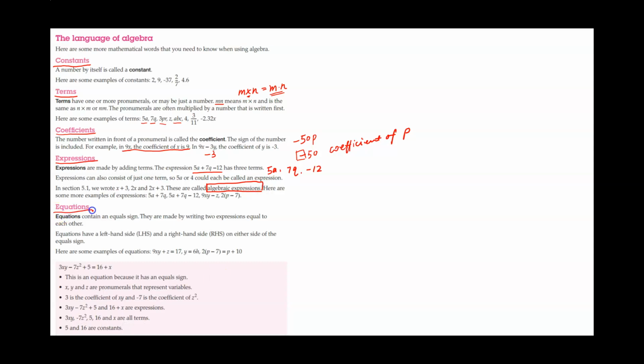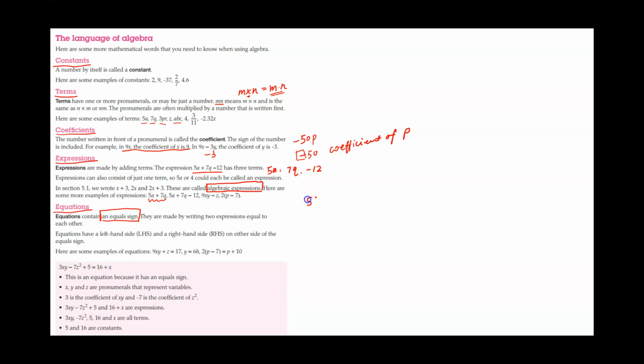Finally, an equation contains an equal sign. So an equation has to contain an equal sign. So for example, things like these are not equations. These are just algebraic expressions.